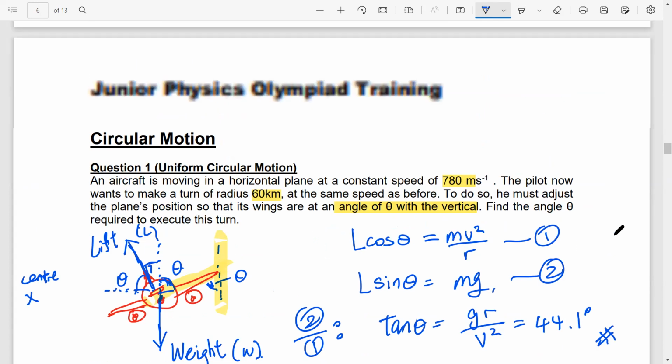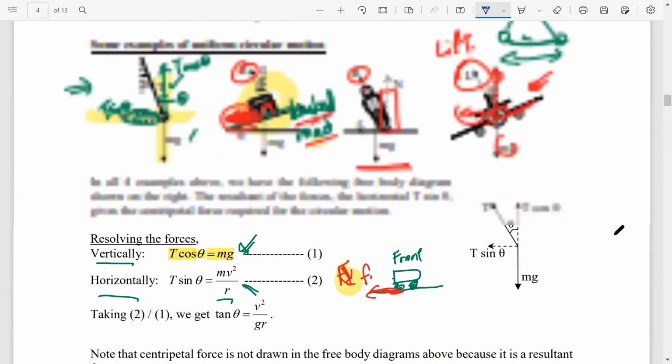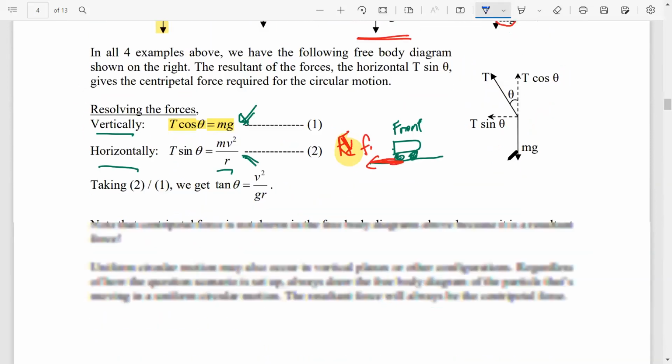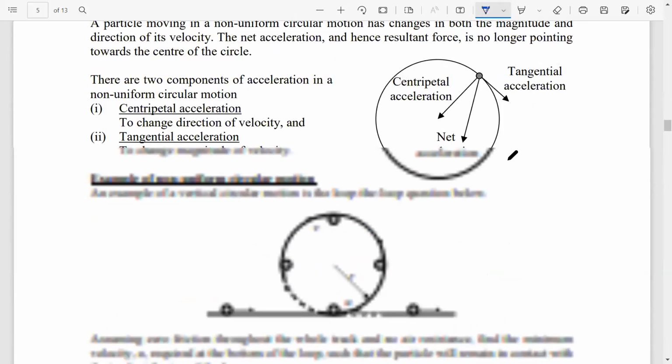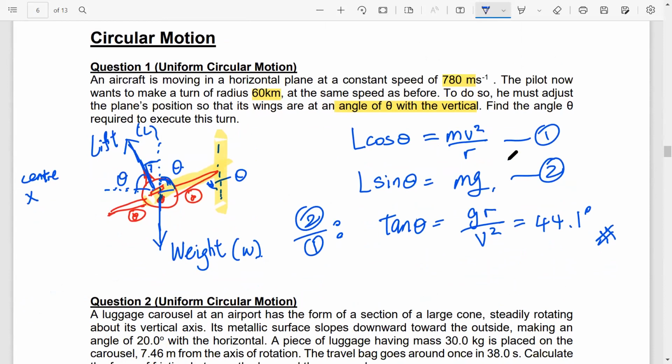Different from the previous one, take note. The angle here is the lift to the vertical, whereas the question here has the angle of the wing to the vertical. Purposely designed to be different, to train you on the angles.